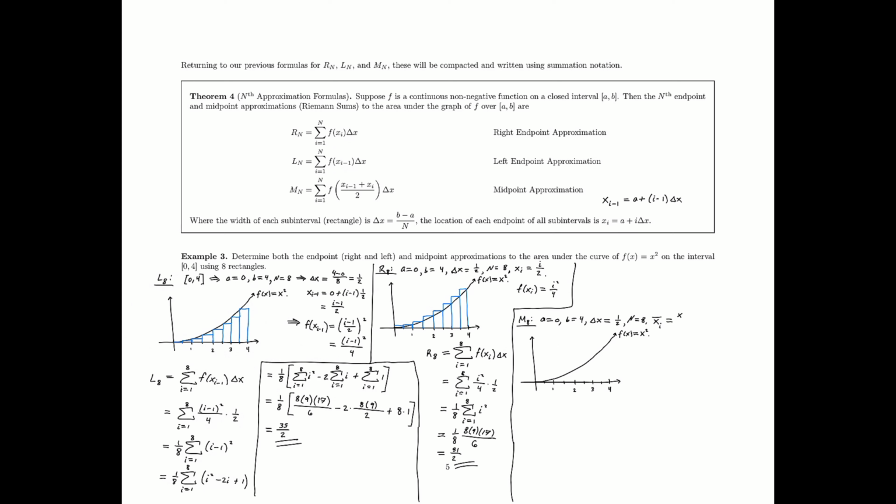In statistics, bar usually means an average. So I'm going to call this x sub i bar because essentially for the midpoint, we are taking the average of the two left and right endpoints of each little subinterval.